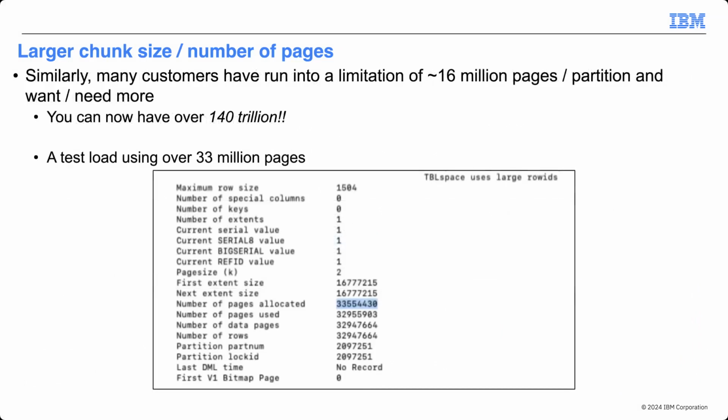So the 16 million pages per partition, like I said, that limit has now been expanded to 140 trillion. This is an example of a test load that was interrupted after 33 million pages were loaded into a single partition. So yeah, this actually does work, and works quite well, as a matter of fact.